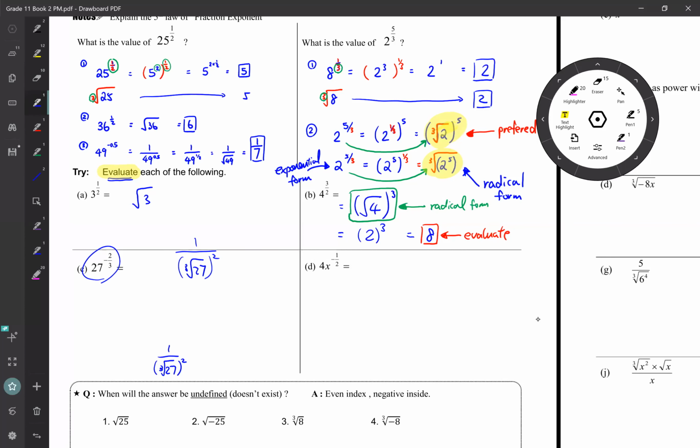And then 27's cube root is 3, and 3 squared is 9, so 1 over 9. Okay, very good. That's correct.